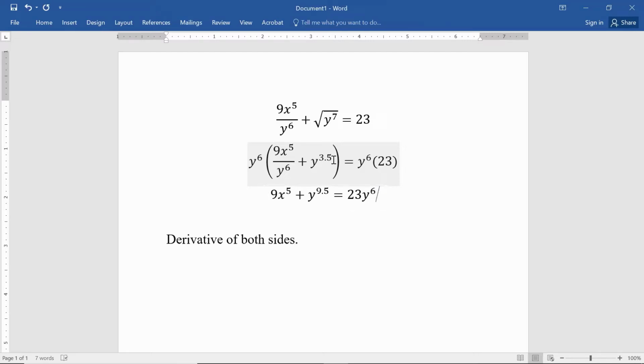And it's at this point when I can take a derivative of both sides. So this was just rewriting the equation. Now I take a derivative of both sides.